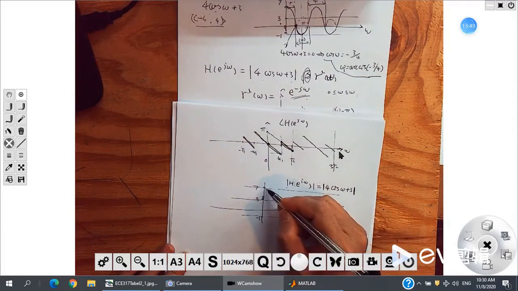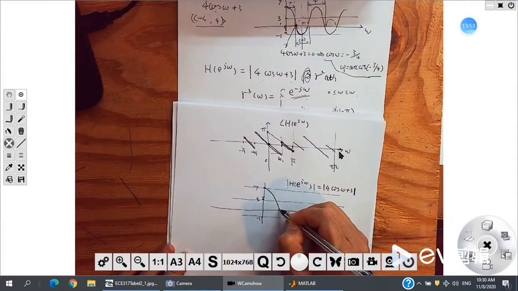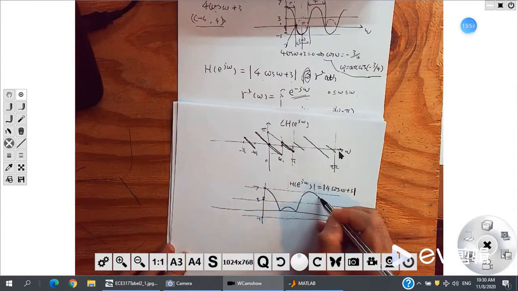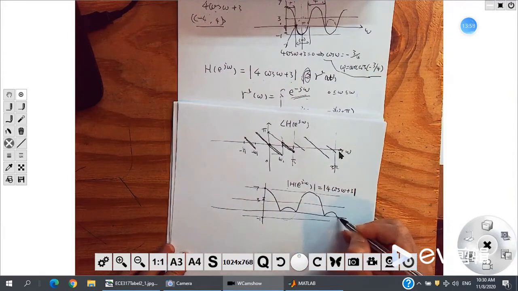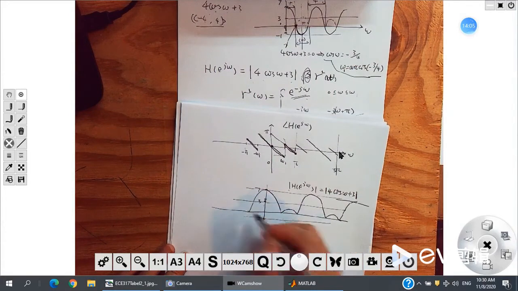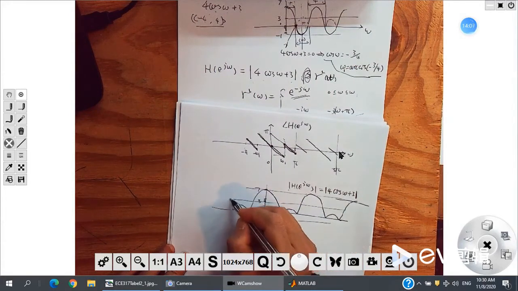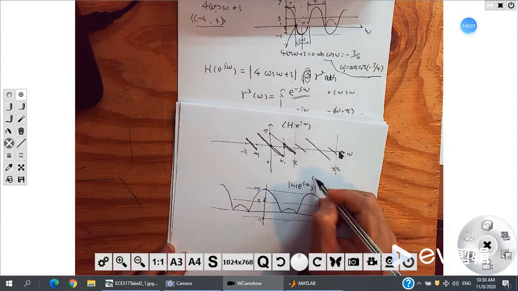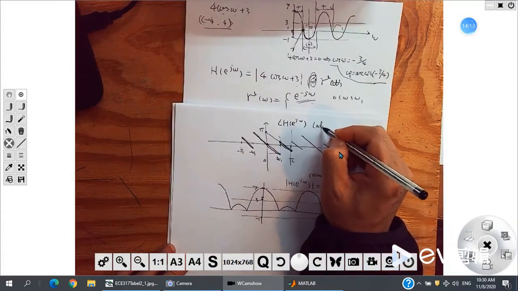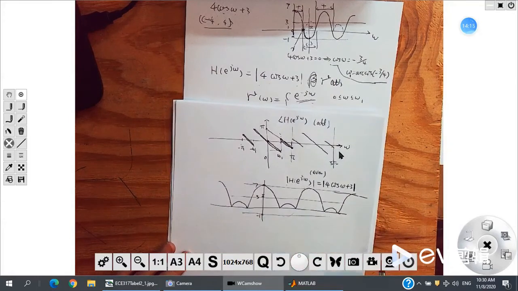So it will be a cosine wave like this, but we only need positive values with the absolute value, so it will look like this. And this time it is an even function. This is even, this is odd. So you can have both.